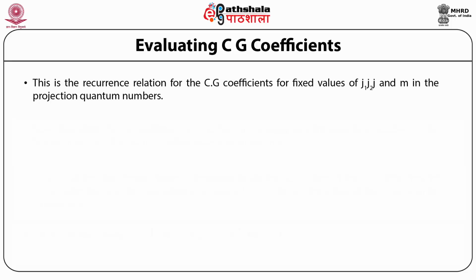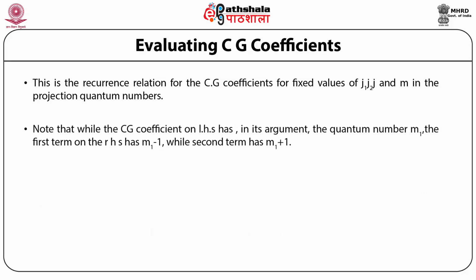So here what one needs to note is that while the Clebsch-Gordan coefficient on the left hand side has in its argument the quantum number m1, the term on the right hand side has the argument m1 minus 1 in the first term, and the argument in the second term on the right hand side is m1 plus 1.